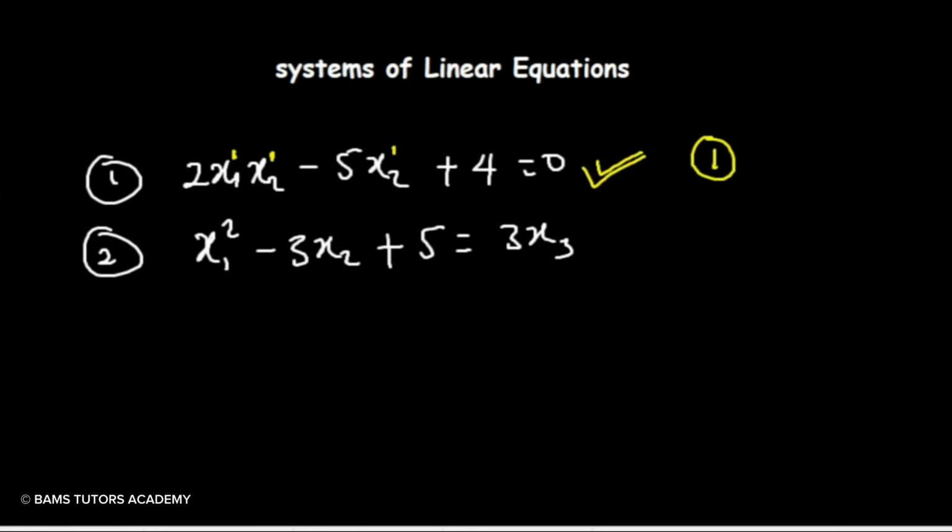But if you check out this second one, the power here is 2. We have something more than 1, as the initial theorem has stated that for it to be a linear equation, it must not have more than 1. So this is not a linear equation. Is that okay now? So that is what we mean by a linear equation.